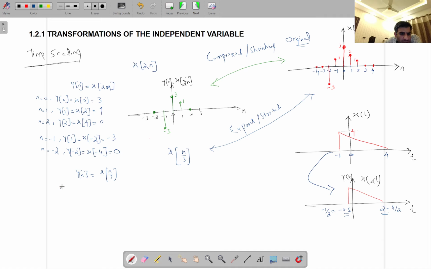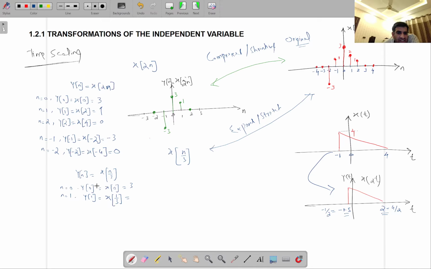At n is equal to 0, I'm going to get y of 0 is equal to x of 0, and the value is 3. At n is equal to 1, I'm going to get y of 1, and inside the brackets now, that is the important bit, I'm going to get x of 1 upon 3.